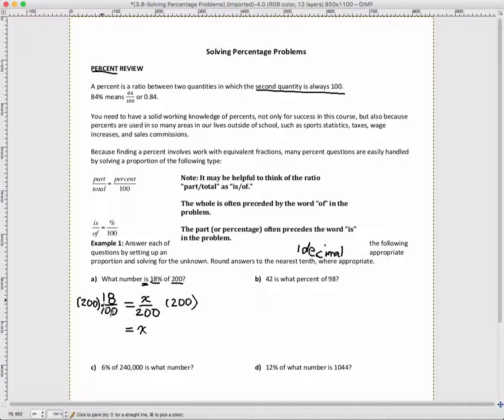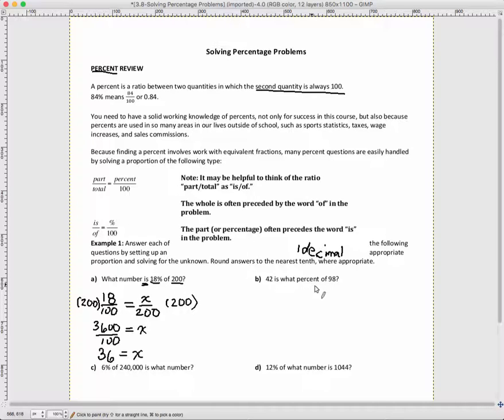Now if I multiply out my right-hand side, I get 3600, which is 200 times 18, divided by 100, and you end up having 36. So what I can say is 18% of 200 is 36, so 36 is equal to x. Now, if we look at the next problem, 42 is what percent of 98?